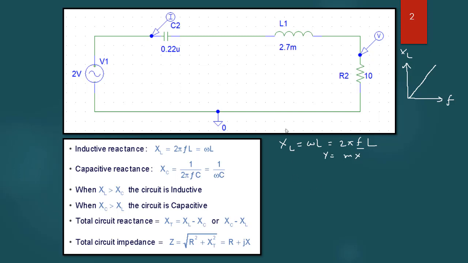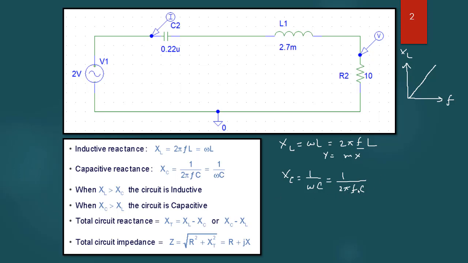Now, we have a capacitance here. So, we can also determine our capacitive reactance, which is equal to 1 by omega C. By using omega equal to 2 pi f, we can express this as 1 by 2 pi fC.